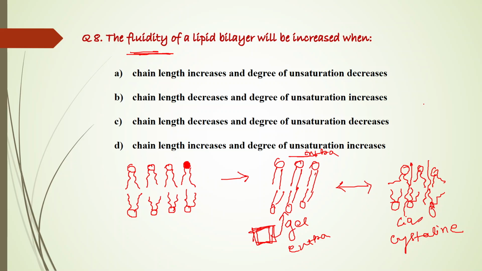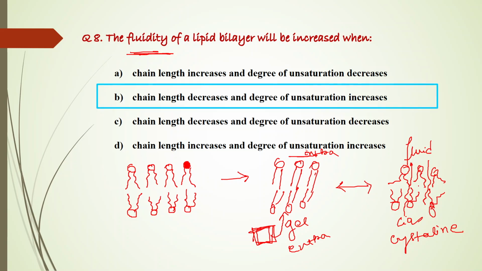Now let us get back to the question. It is asking when the fluidity of a lipid bilayer will be increased. We know that this is our fluid state. To get to this state, you have to increase the randomness in the bilayer membrane. How can we do that? This is your correct answer. Why?